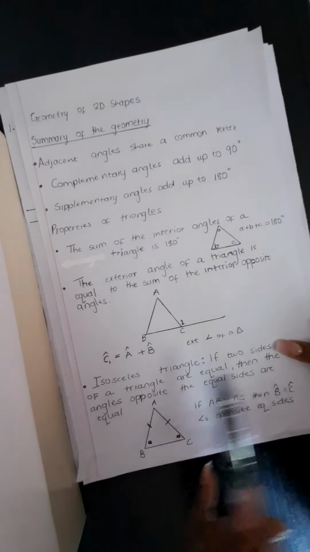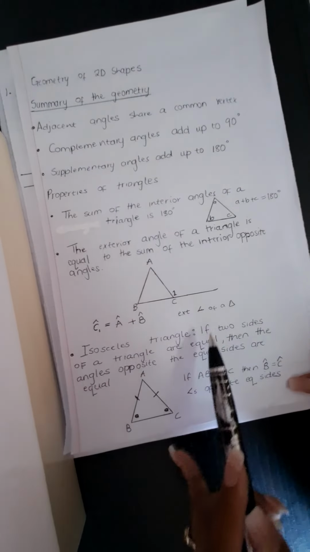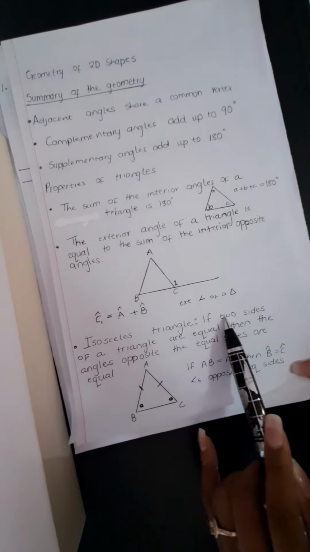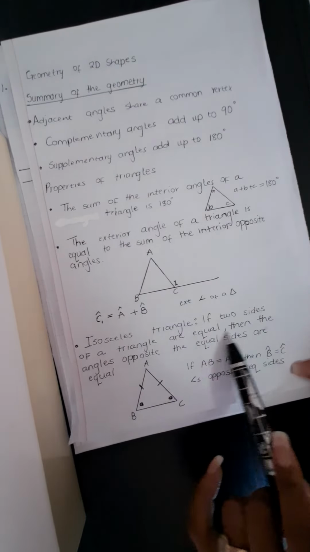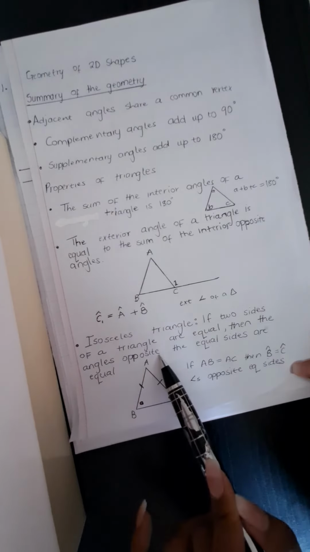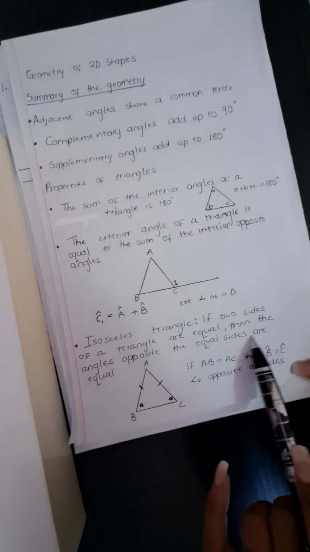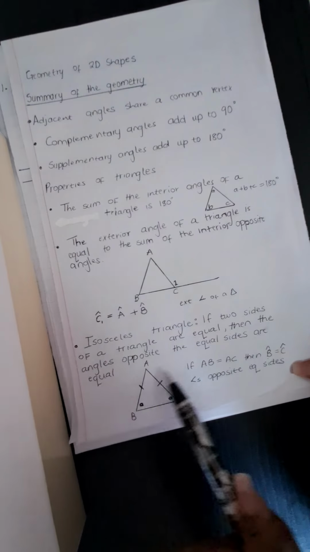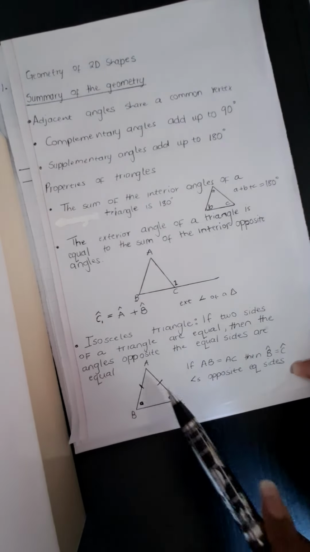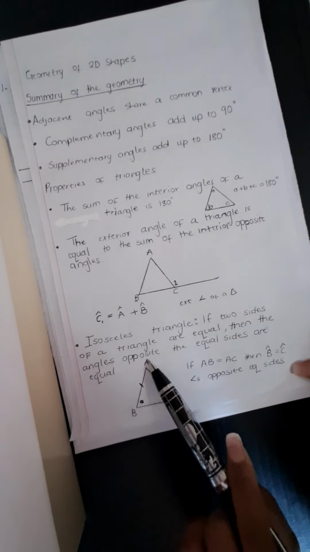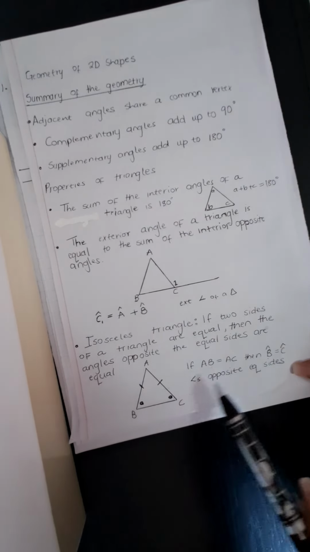For the last bullet, we are having the isosceles triangle. They are telling us that if two sides of a triangle are equal, then the angles opposite the equal sides are equal. You are given triangle ABC. You can see that side AB is the same as AC. How do we know?